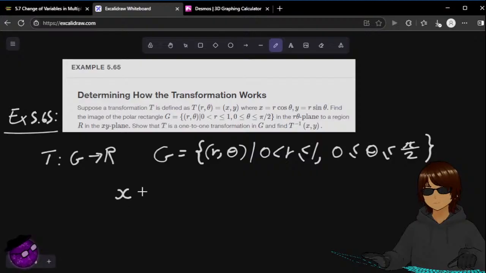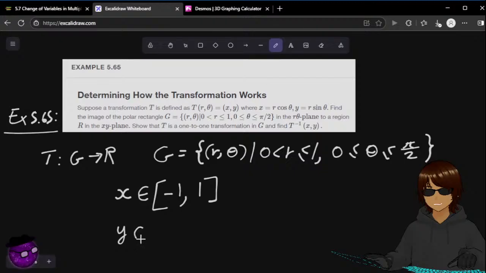So the maximum value of x is from, so minimum it can be 0. No, minimum it can be -1. That's the lowest value possible for x. The highest value possible is +1, right?